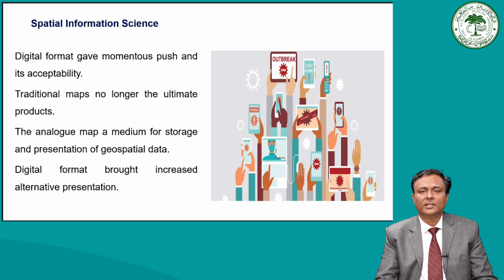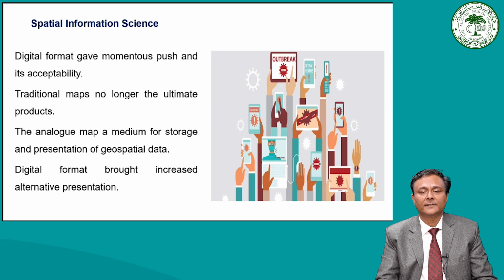The spatial information in digital format gave a momentous push in its use and also in its acceptability. Traditional maps are no longer only the final products, which they earlier used to be. The analog map functions as a medium of storage and presentation of geospatial information. The introduction of digital spatial information and their corresponding attribute databases resulted in a split between these functions.